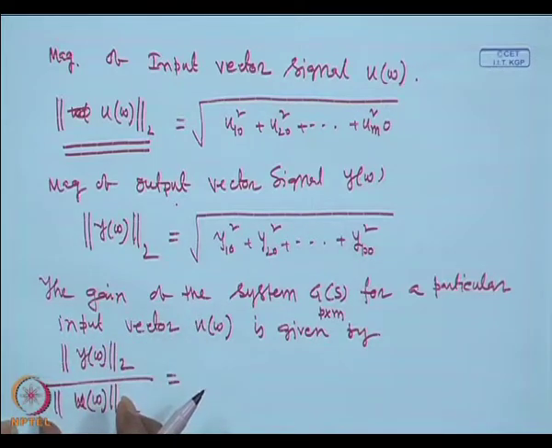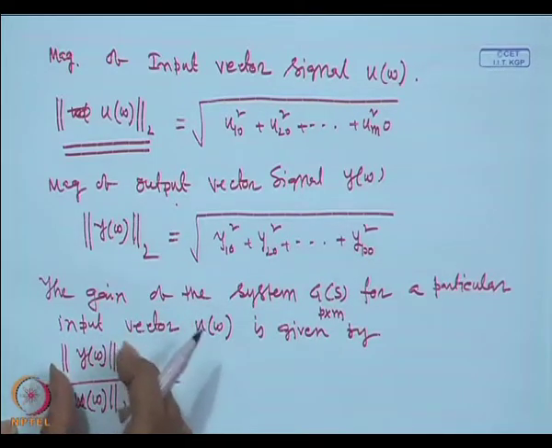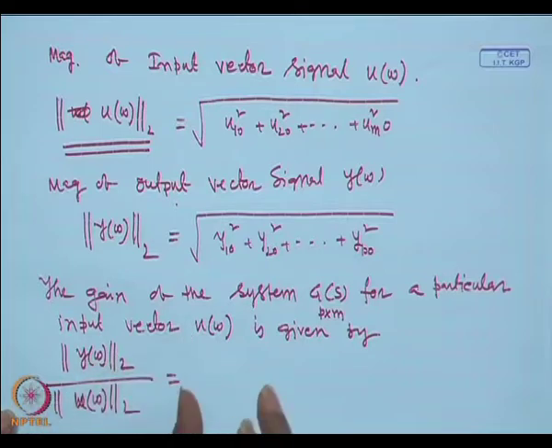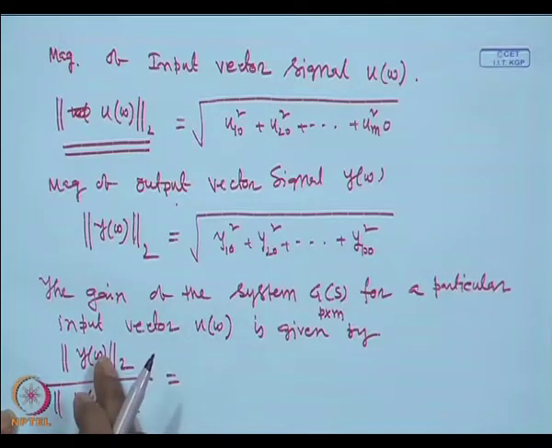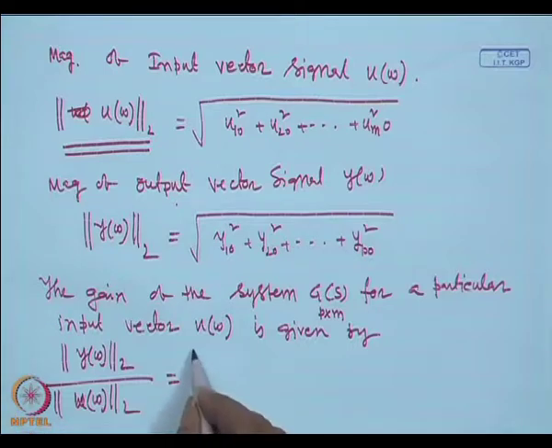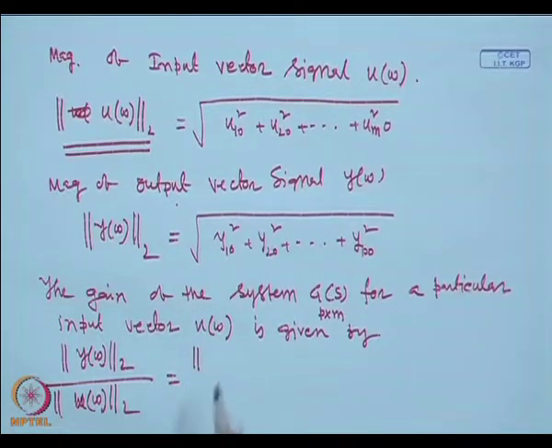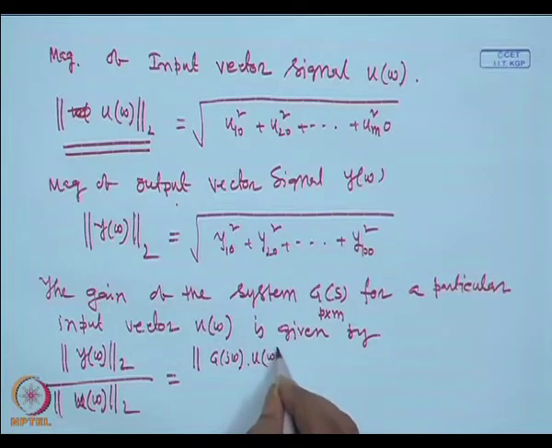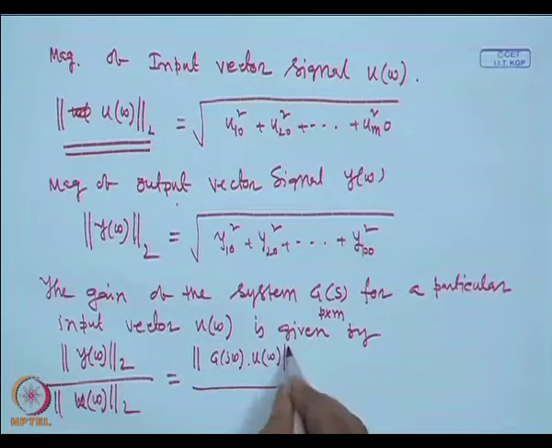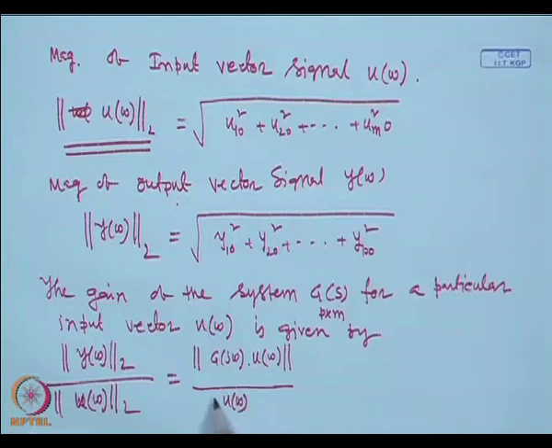Physically, it is the energy contained in the output signal divided by the energy contained in the input signal. This is G of j omega into u of j omega, this divided by this, which is the output.